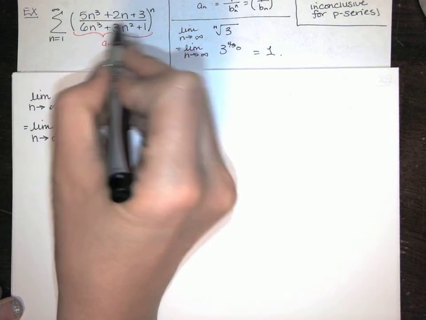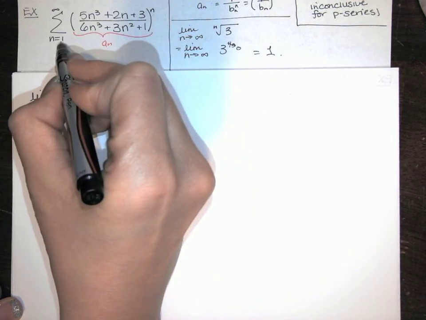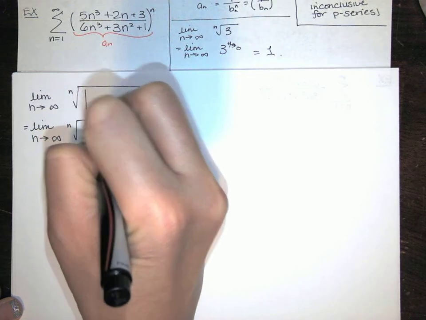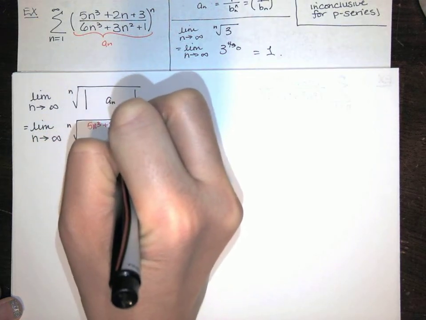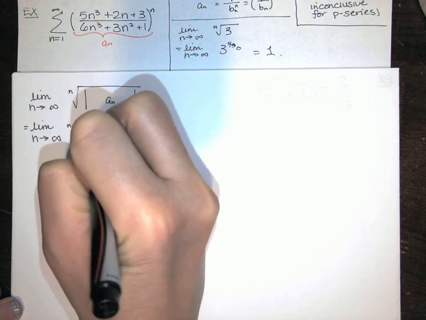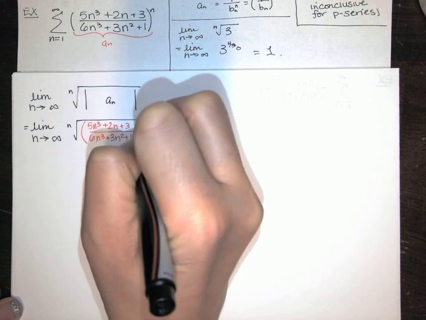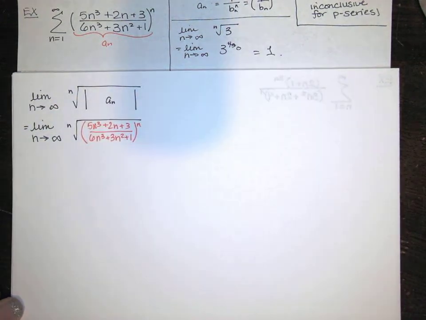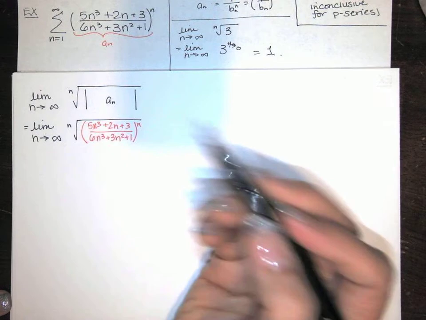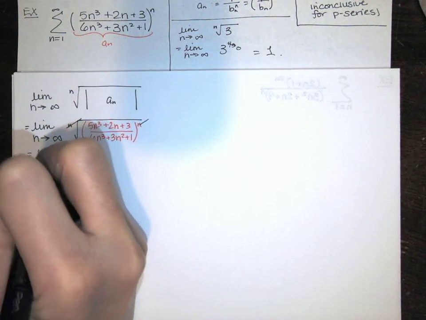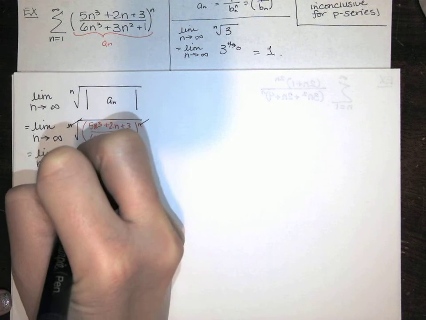And notice that this is always positive for n greater than or equal to 1, so the absolute value bars are no longer necessary. Well, the nth root and the nth power undo each other. So we just end up taking the limit as n goes to infinity of this expression down here.